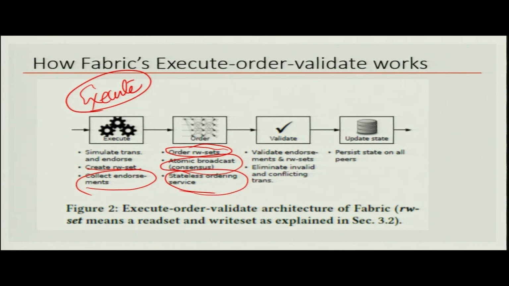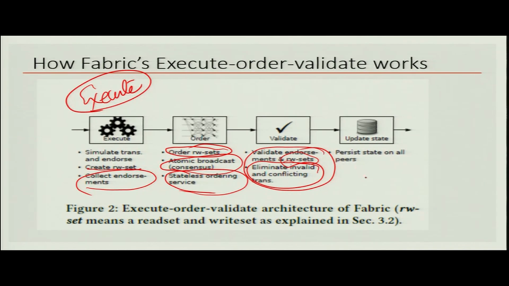It only does ordering. And then the nodes that are validators, they will validate that a transaction has all the necessary endorsements, and that the read write sets have the right versions of each piece of data, and then it eliminates invalid and conflicting transactions.